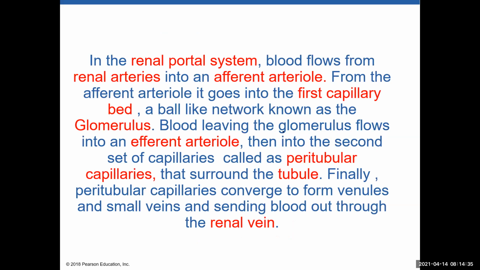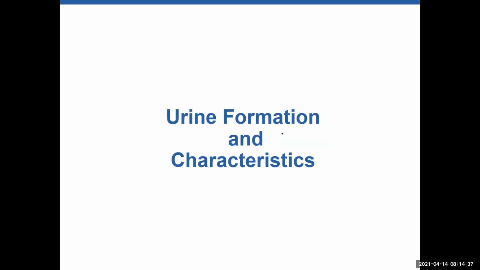Then comes the important part called urine formation and its characteristics. This is basically how urine is formed, the physiology of urine formation in the nephron. Did you all understand?